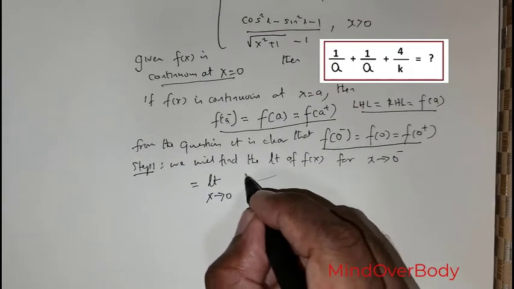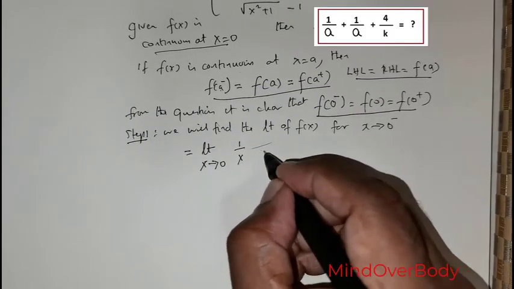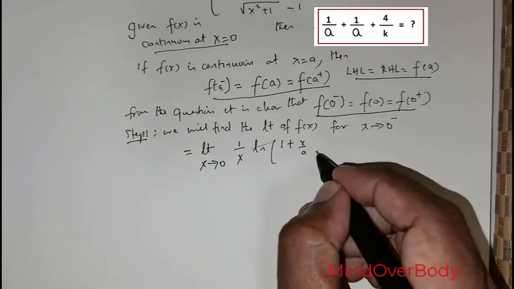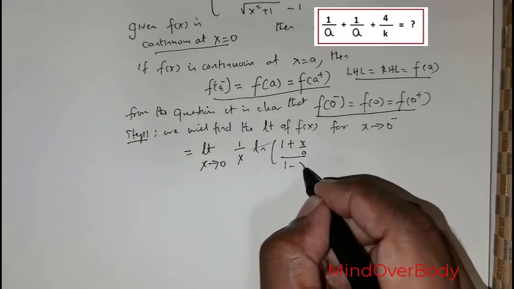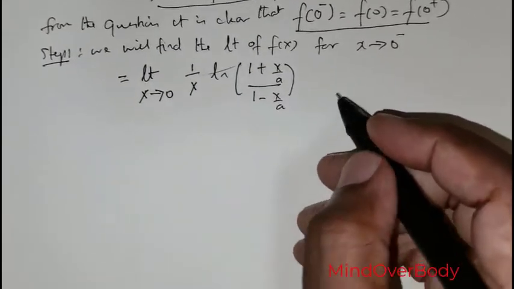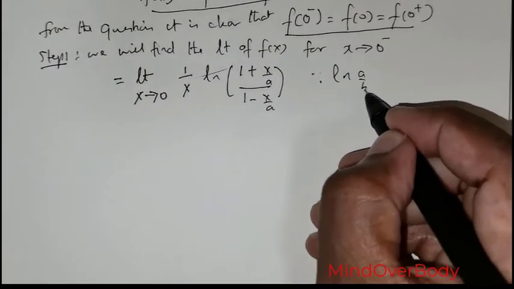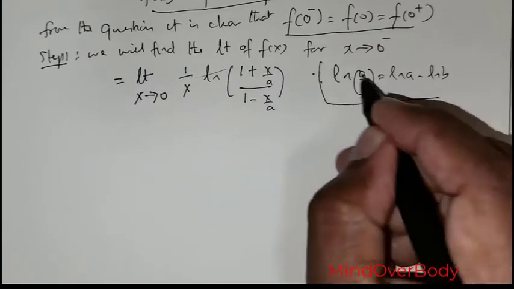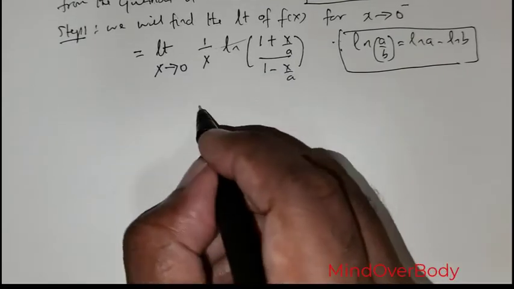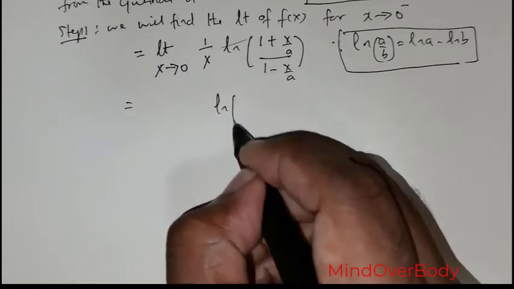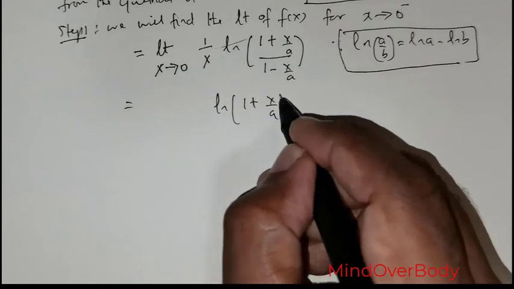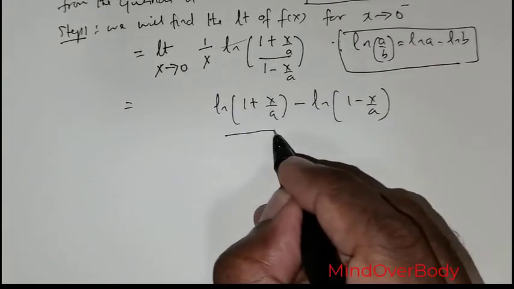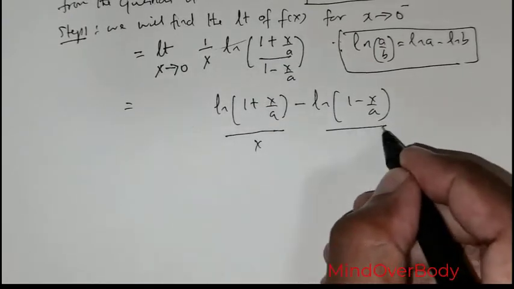Moving on, the function is defined as 1 over x times ln of (1 positive x over a) divided by (1 negative x over a). Now I know that ln of a over b is equal to ln a negative ln b. Because of this, I can rewrite this as the limit x tending to 0 of [ln of (1 positive x over a) negative ln of (1 negative x over a)] divided by x.